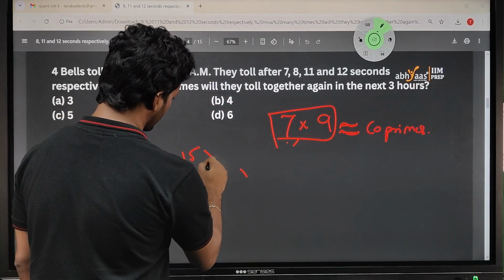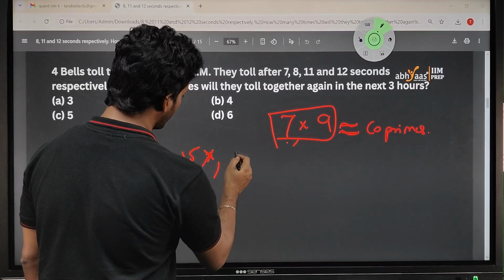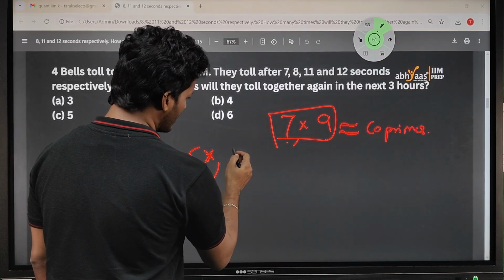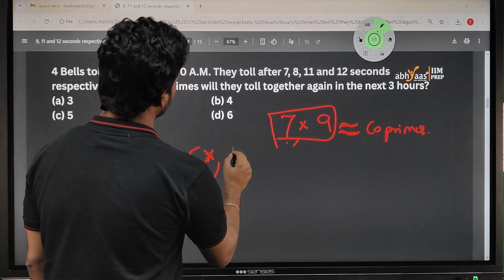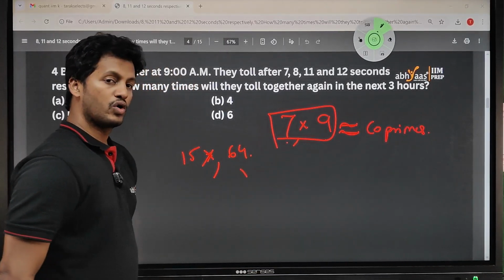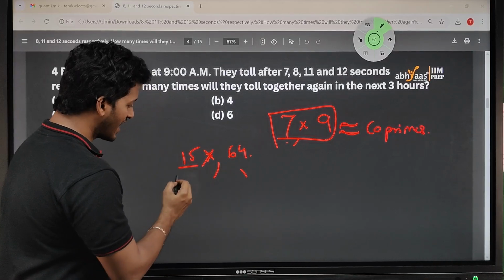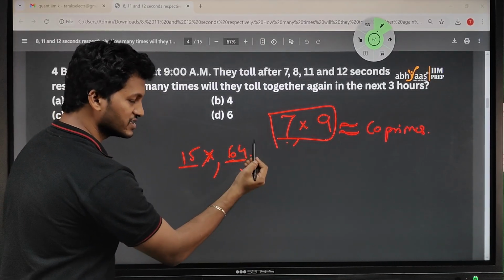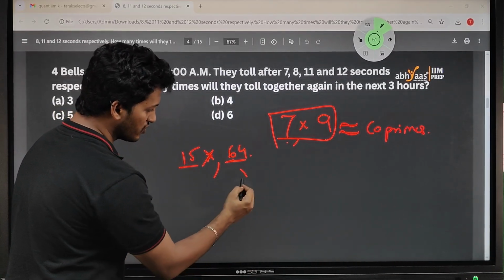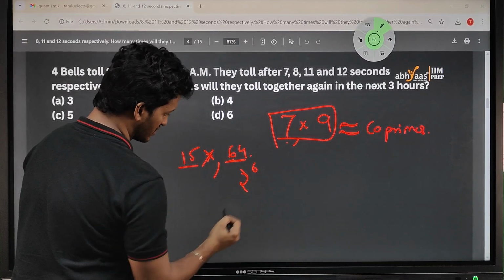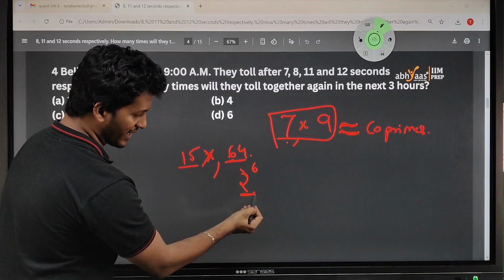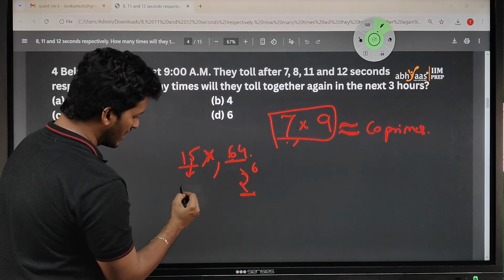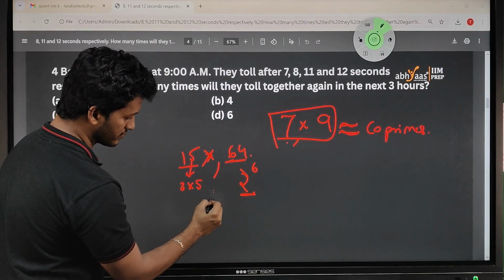For example, again, 15. Can I take 9? No, because 3 is common there. Let us take 64. 15 doesn't have any factor common with 64. In terms of prime factorization, 64 is 2 power 6, and 15 is 3 into 5.